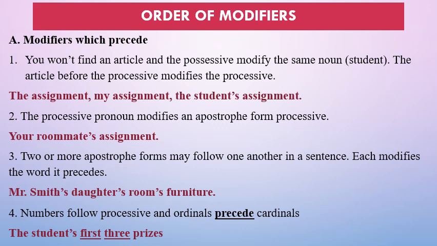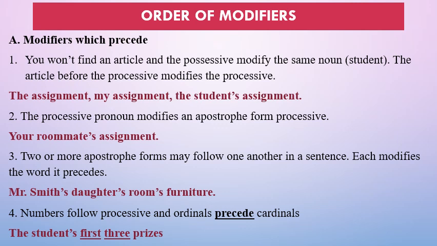And at this point it says that the possessive pronoun your roommates, your possessive noun with apostrophe s, usually the possessive pronoun precedes the apostrophe form and then the item which they possess, which is assignment. Okay, this is how the order occurs. The pronoun, the possessive, the apostrophe form, and then the item which they possess.